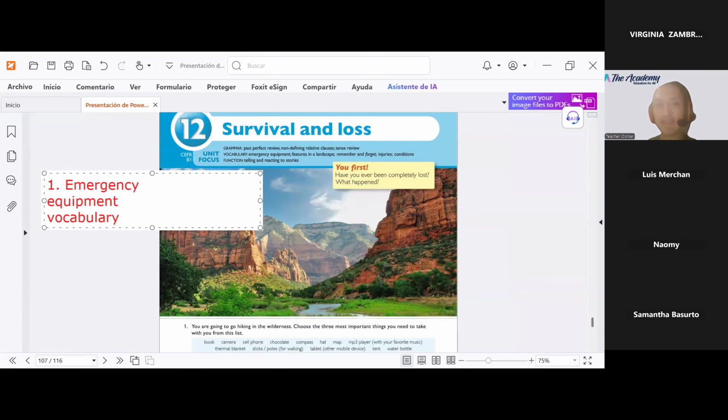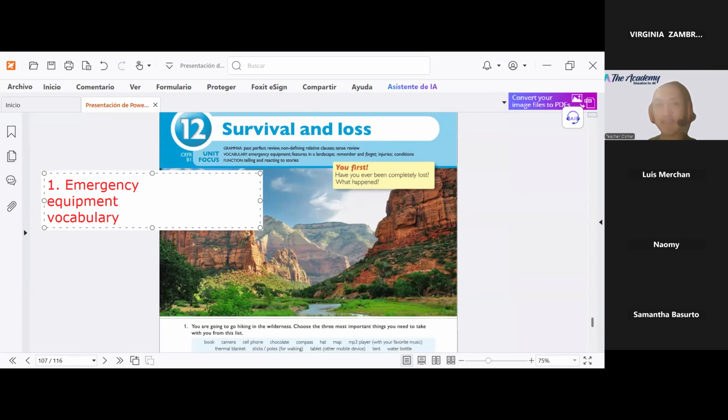Excellent. In Spanish, what is a lighter? Linterna o encendedor. Encendedor, not linterna. Remember, we can use them, really useful, because obviously, in the case of an emergency, this is necessary, okay? Thank you, Aaron.